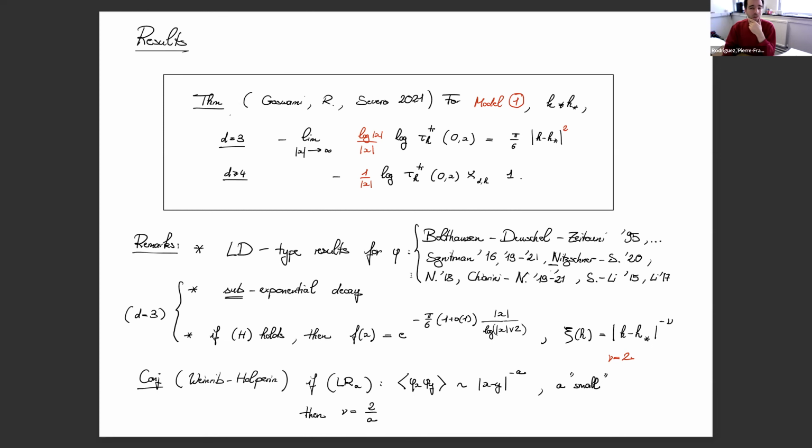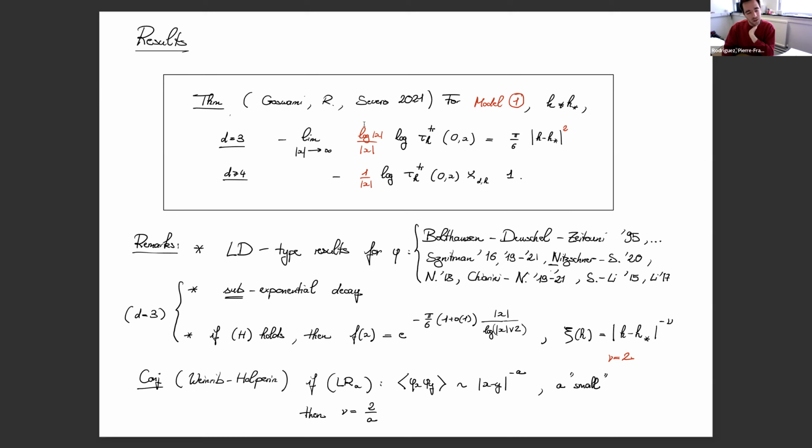Okay, so now returning to our theorem, let me focus on d equals 3 because that's the setup I chose. The first thing we learned is that the decay is actually not exponential but sub-exponential.